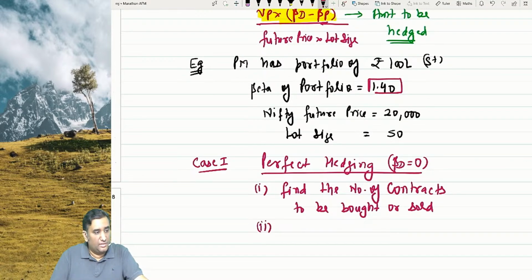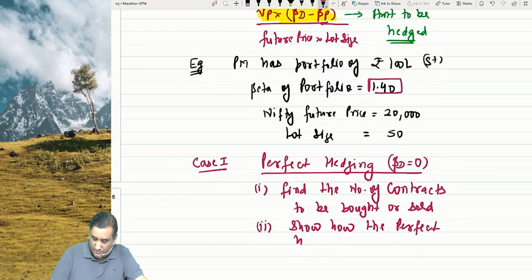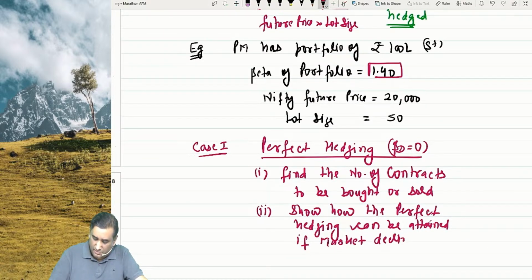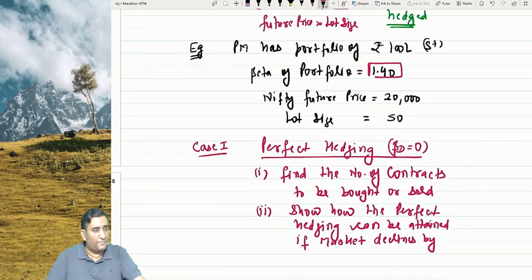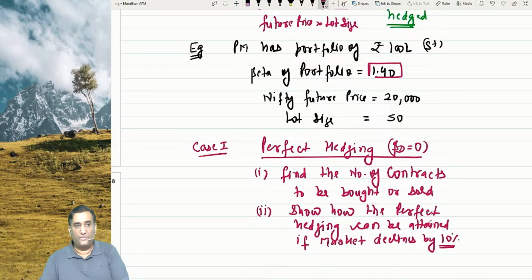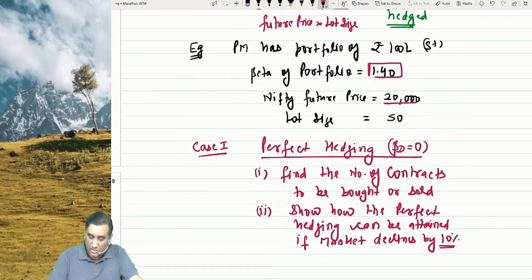The objective is to track zero. Means even if the market falls, we have nil impact.